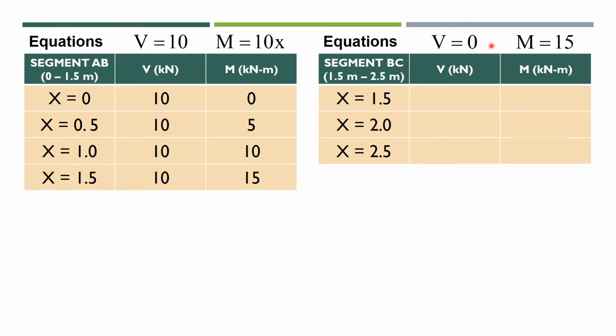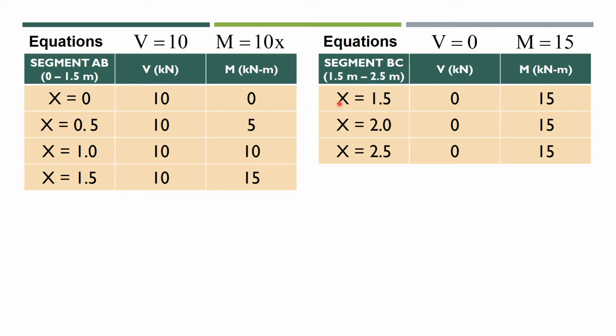So ganun din kapag moment equation ay walang variable na x. So here, sa shear values for segment BC at different values of x, dahil wala tayong variable na x dyan, the shear and moment values are the same.